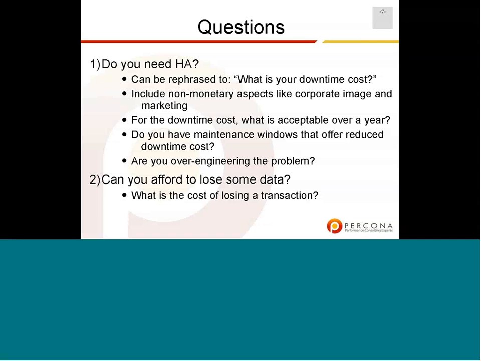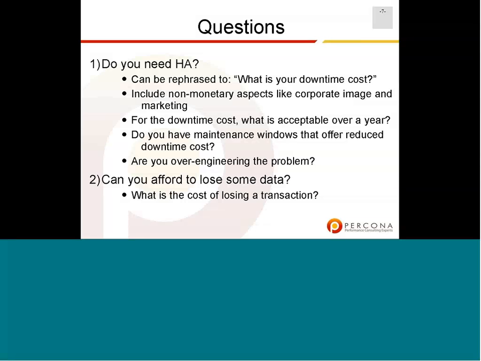So if over a year you can accept easily $5,000 of downtime cost, then you can gauge how much time that represents and choose your solution accordingly.